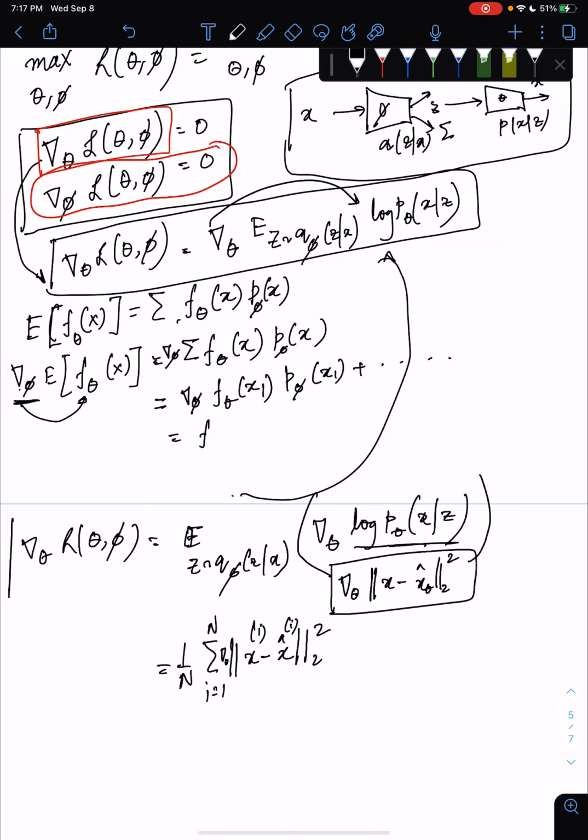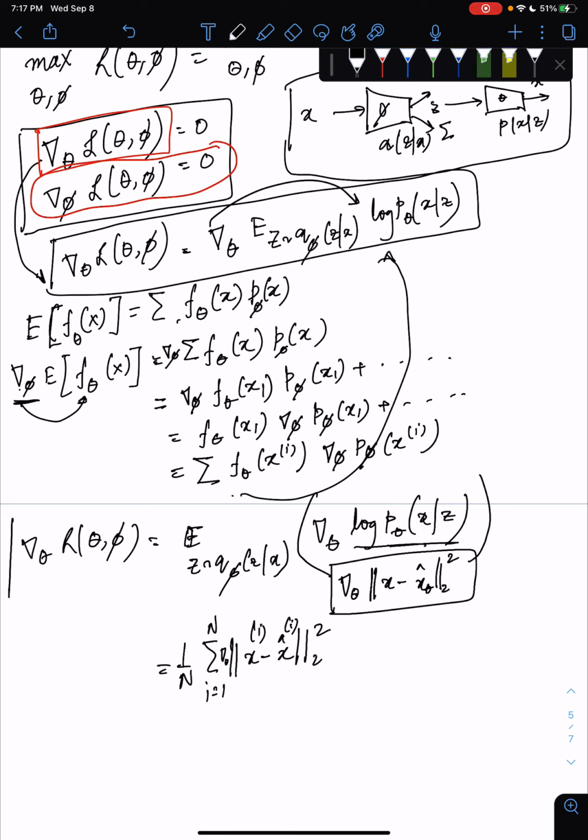So this is f theta of xi, this is phi, this is xi, and this quantity first is a function of a random variable.